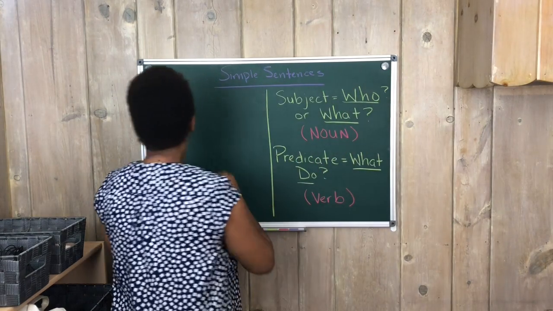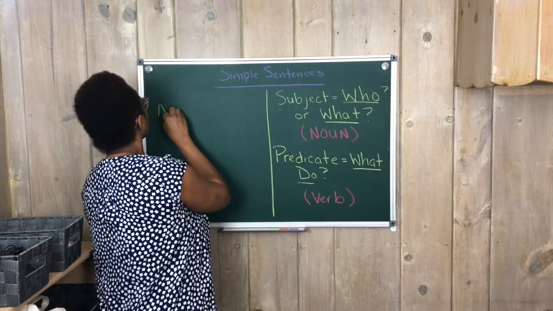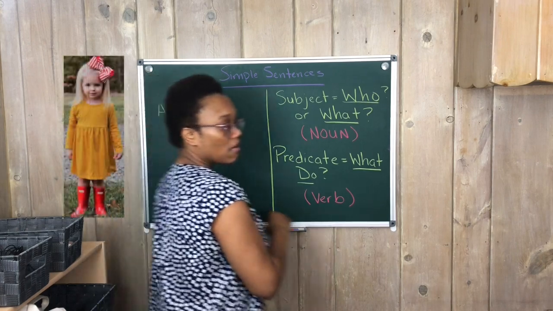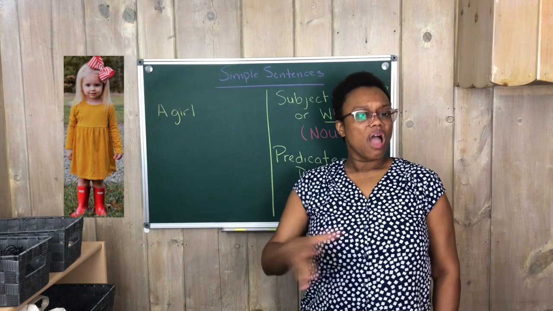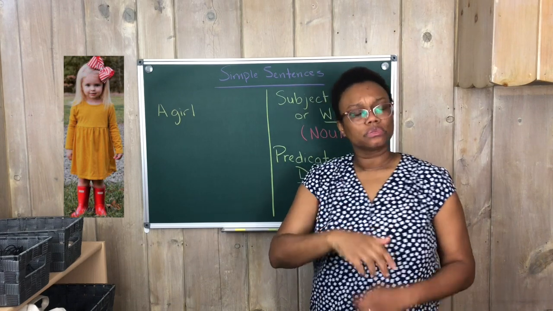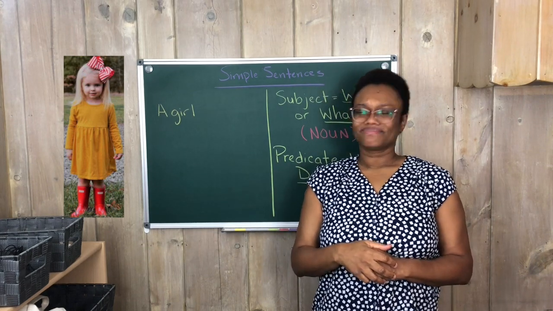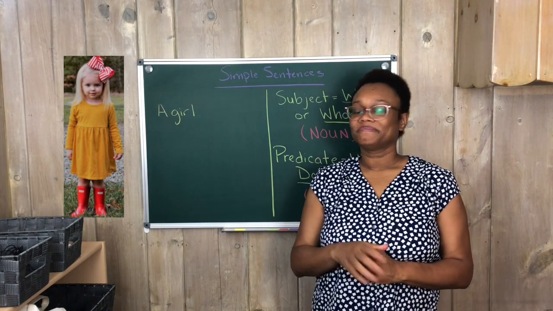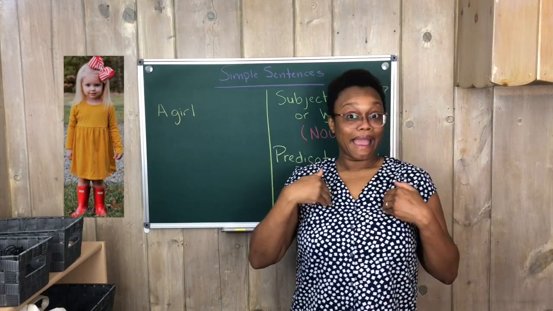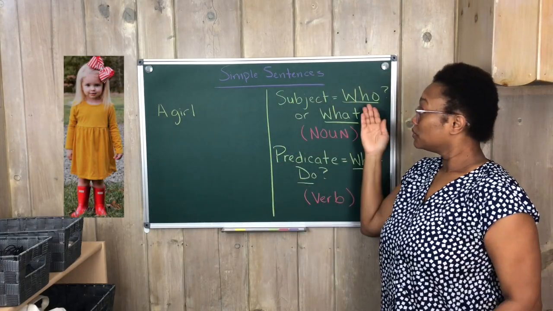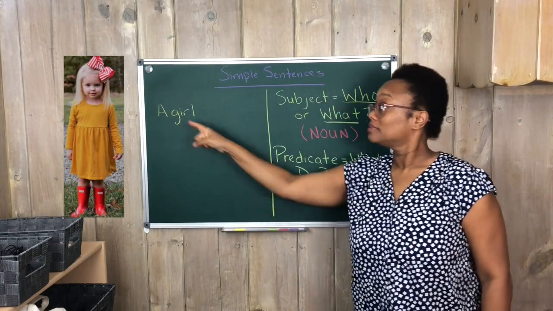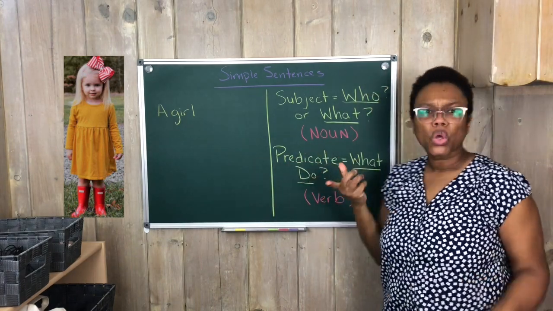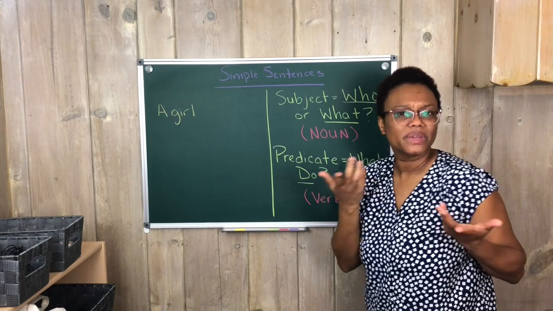So if I wrote, a girl, is that a sentence? No, it is not a sentence. It has a subject, the who, a girl, but it's missing what? What is the girl doing?